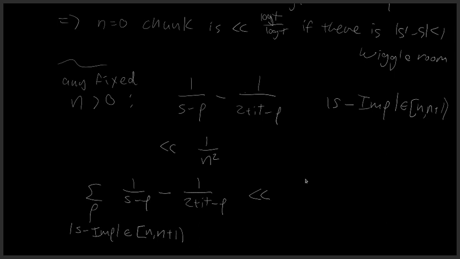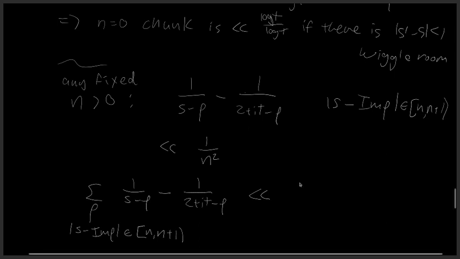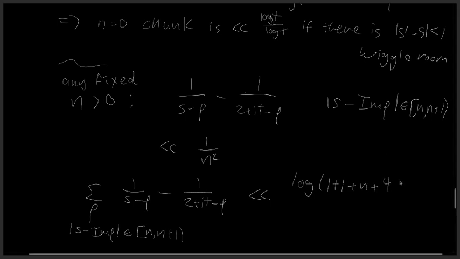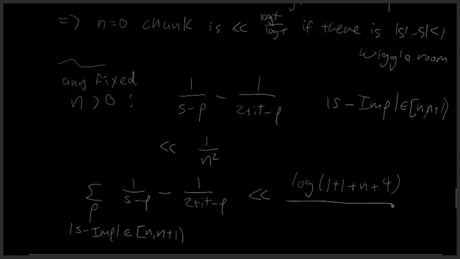There's no equation number. Okay, well, it's still lemma 12.1 in Montgomery-Vaughan, and you just end up getting log of the absolute value of t plus n plus 4 for good luck, divided by n squared.